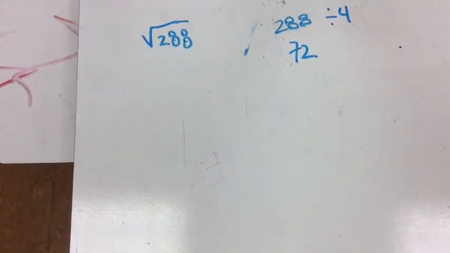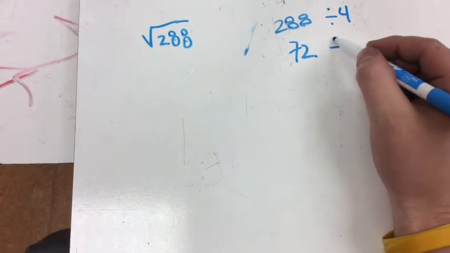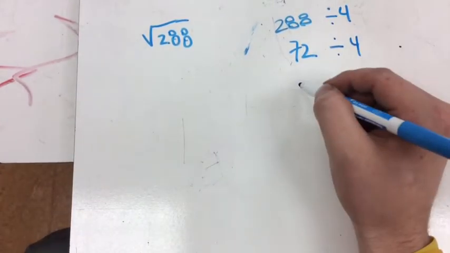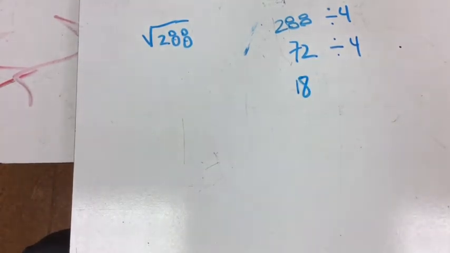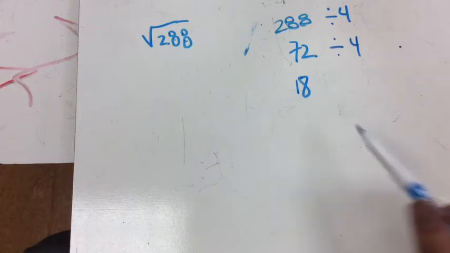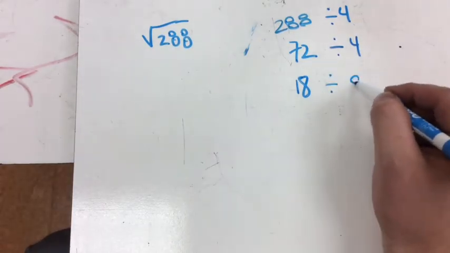Looking at 72, again I want to ask what can divide into this as a perfect square? It looks like 4 might do it again. So I'm going to try 4 again, which gives me 18. And from here, the next perfect square I want to divide by, well, I know 9 goes into this.